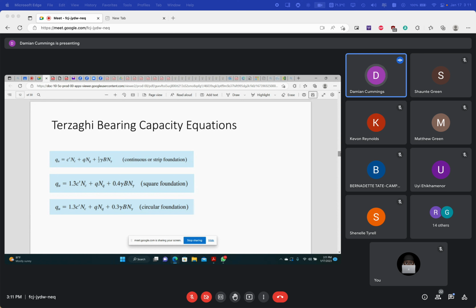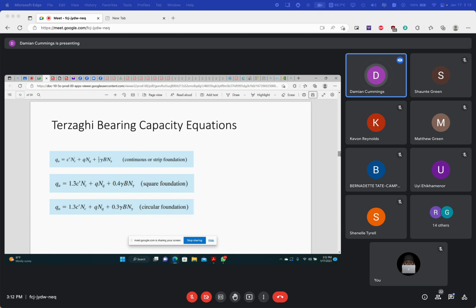As I said before, this is Terzaghi's theory, actually, which is used for three different types of foundation: continuous or strip, square foundation, and circular foundation. The formula I gave earlier applies only to continuous and strip foundations.